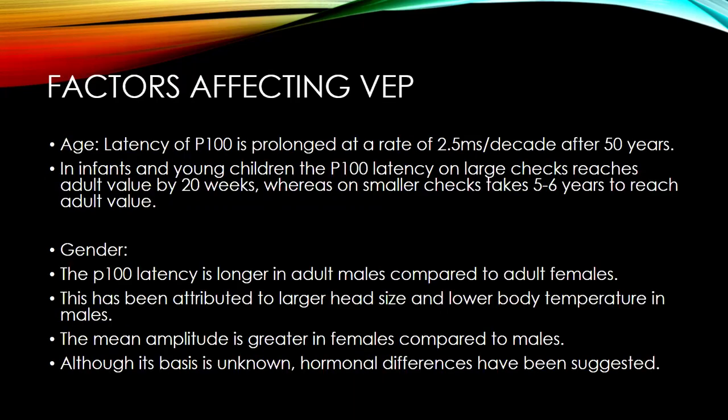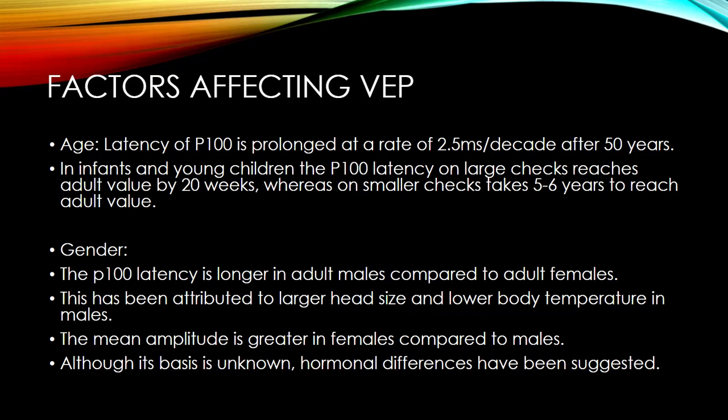So, coming to the factors that can affect the VEP, age is one factor. Mainly after the fifth decade, there is a P100 prolongation of about 2.5 milliseconds per decade. So if the patient is around 70 years and the P100 latency is around 113 milliseconds, it is not prolonged, because according to the standard deviation curve, up to 107 milliseconds is acceptable.